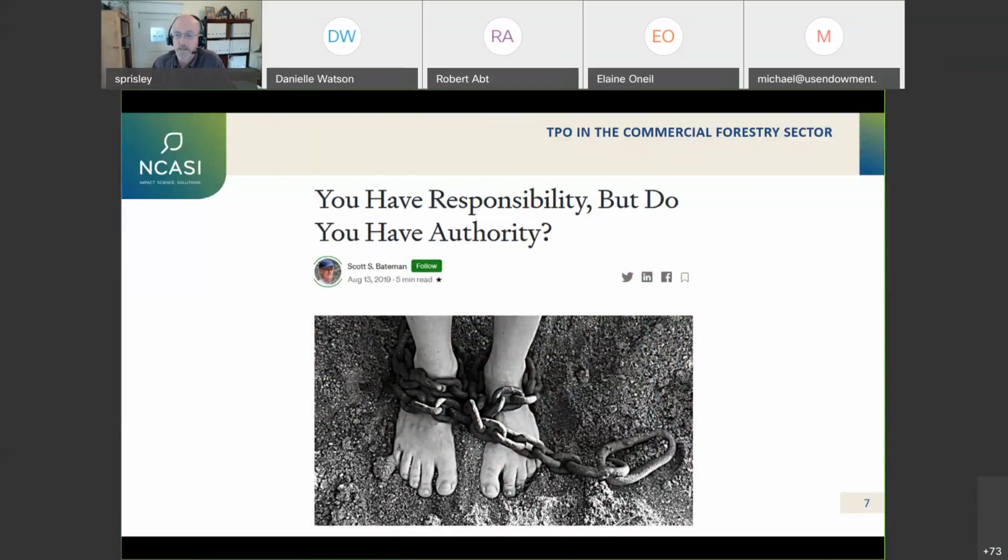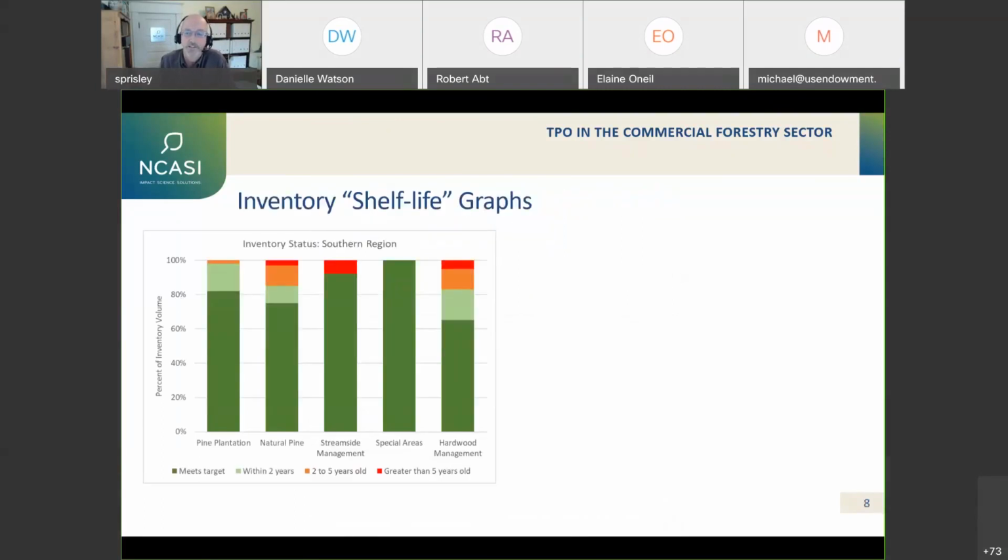So consequently, we had some issues with forest inventory data growing increasingly out of date. And we're in this difficult situation that many people are in, and I'm sure there's some in this group here today, where you have responsibility for accomplishing things while you have no real control over the resources that you depend upon to accomplish it. So my boss and I hatched a plan that involved quantifying uncertainty and communicating it.